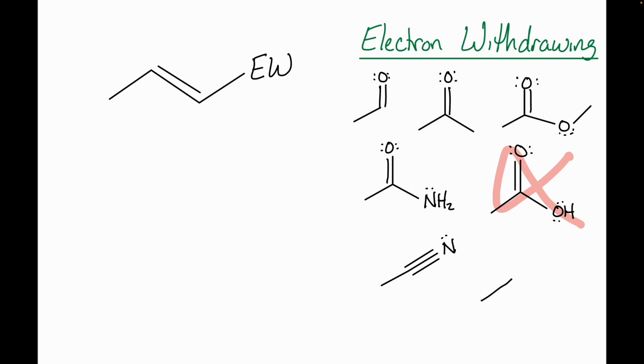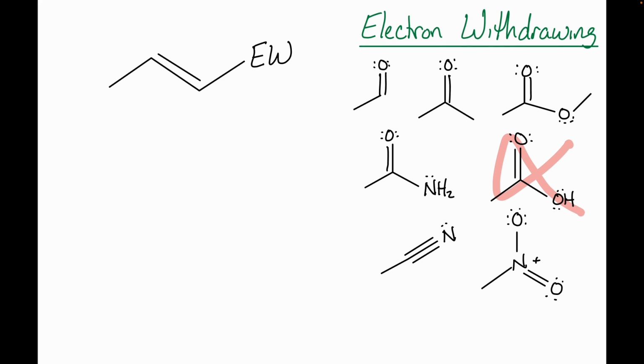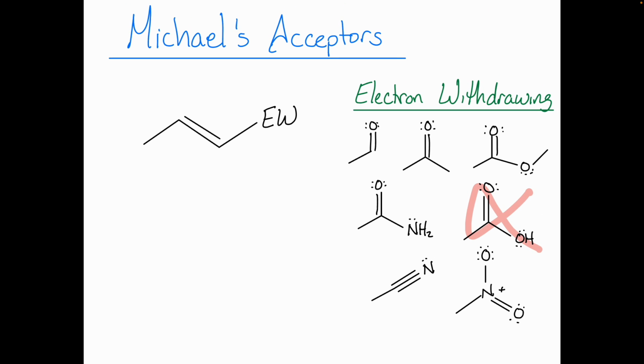And then there's one really good electron withdrawing group that we've discussed before, that nitro group. This would also work. So these are all going to be good Michael acceptors, where you have this nice electrophilic beta carbon.